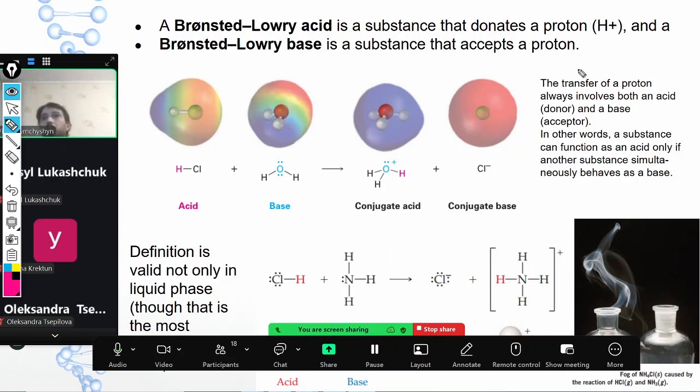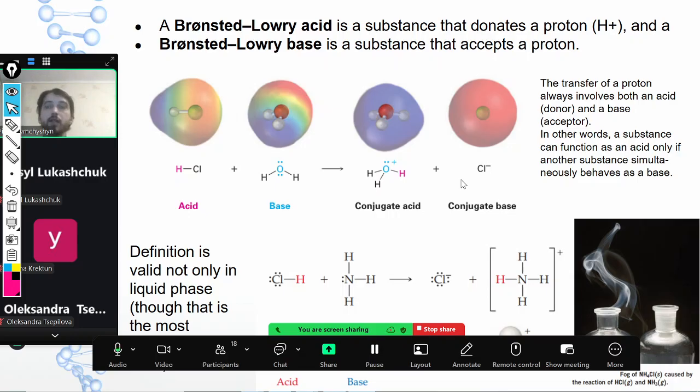And there is a third definition, so-called Lewis acids. It is a little bit broader than Brønsted-Lowry. It's not just a substance that donates a proton, but also substances that can accept electrons will be called Lewis acids as well.